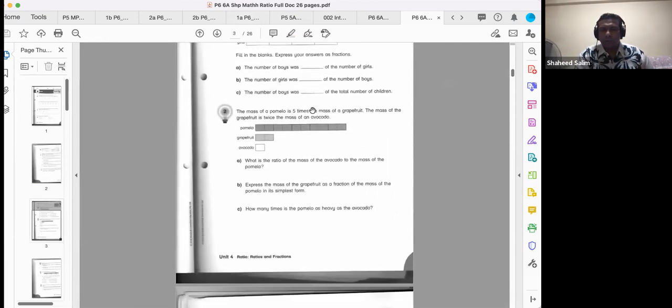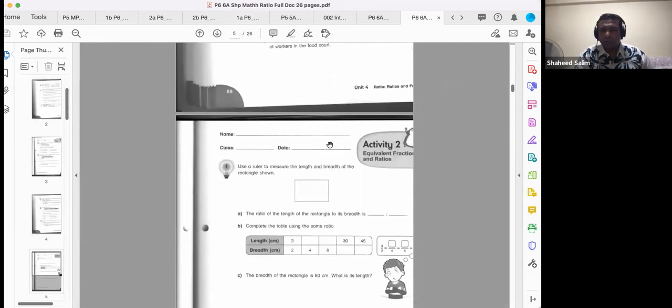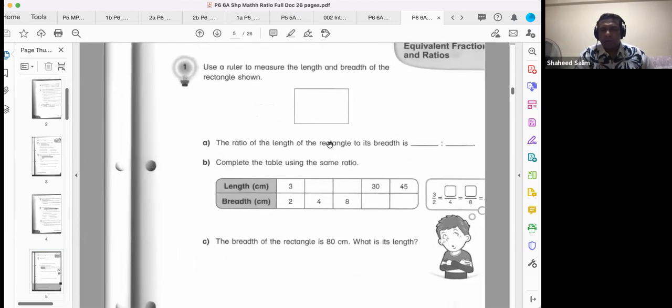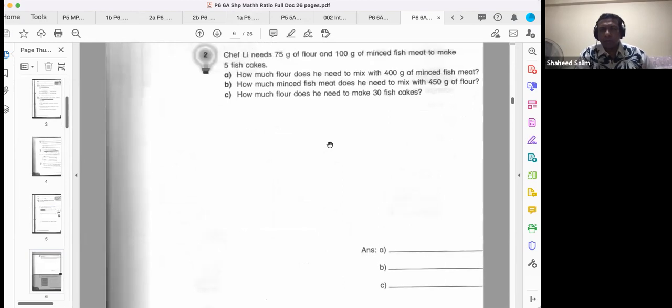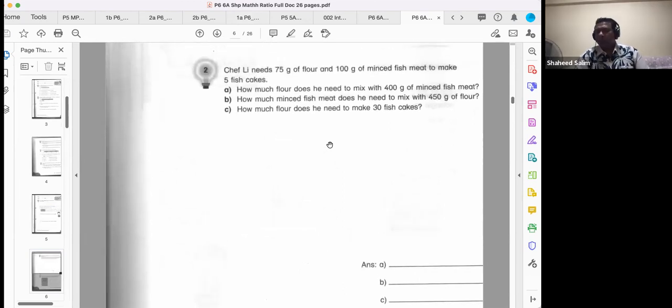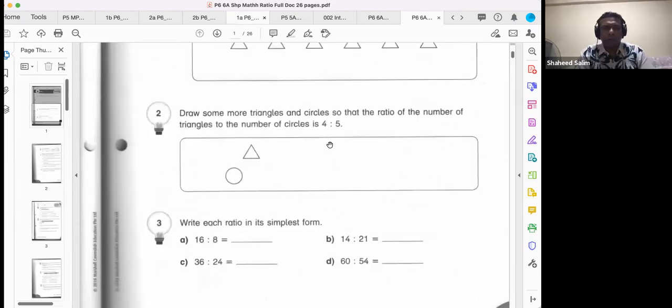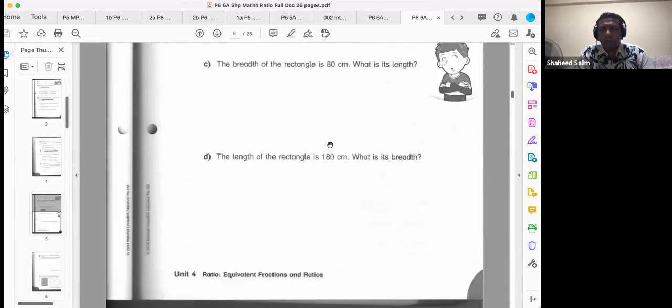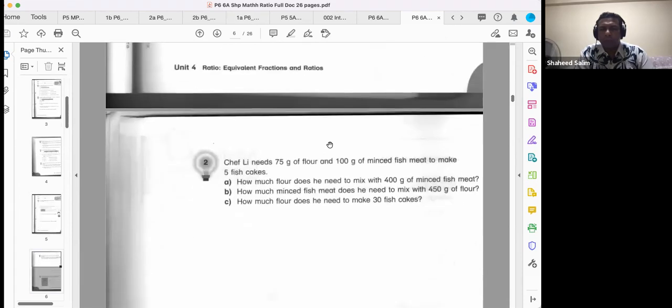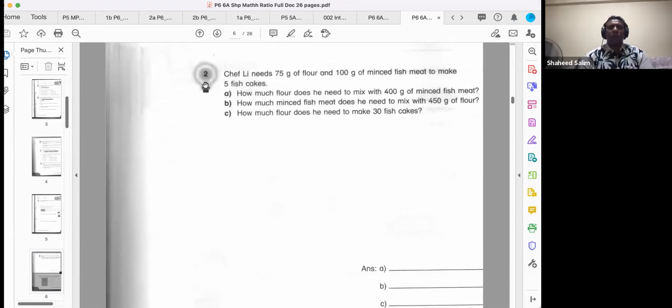This one is too simple. Equivalent ratio, super simple. So let's try question number 2, please. Can we try question number 2?